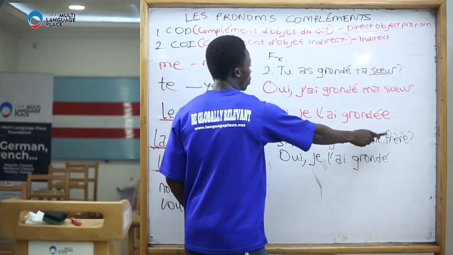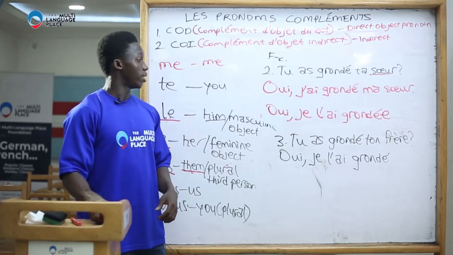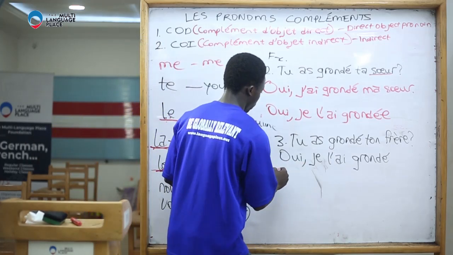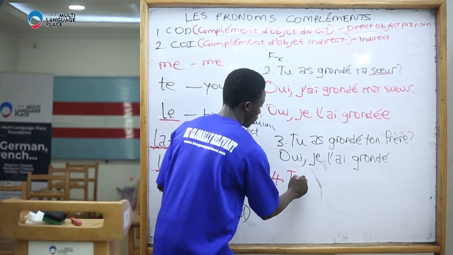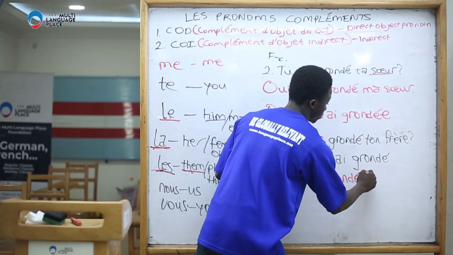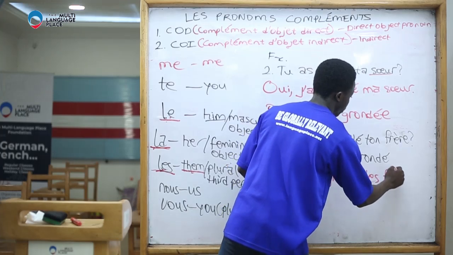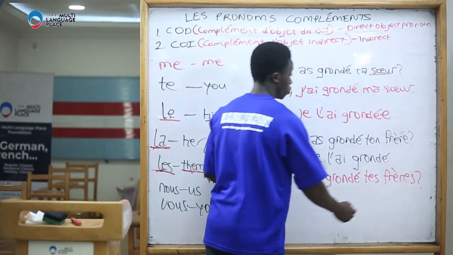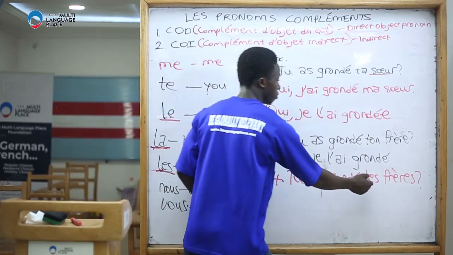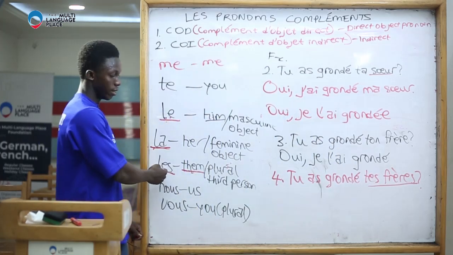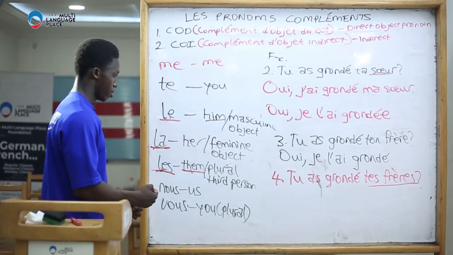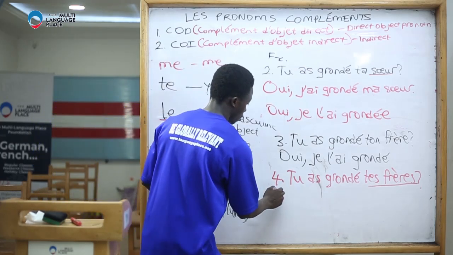if this were to be plural, and I wanted to say, est-ce que tu as grondé tes frères? That is plural. Tu as grondé tes frères. That would be les, them. Did you scold your brothers? Did you scold them?